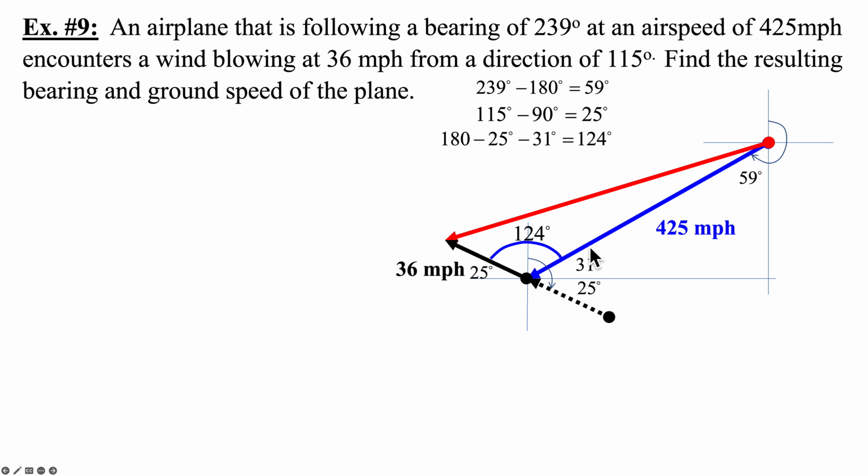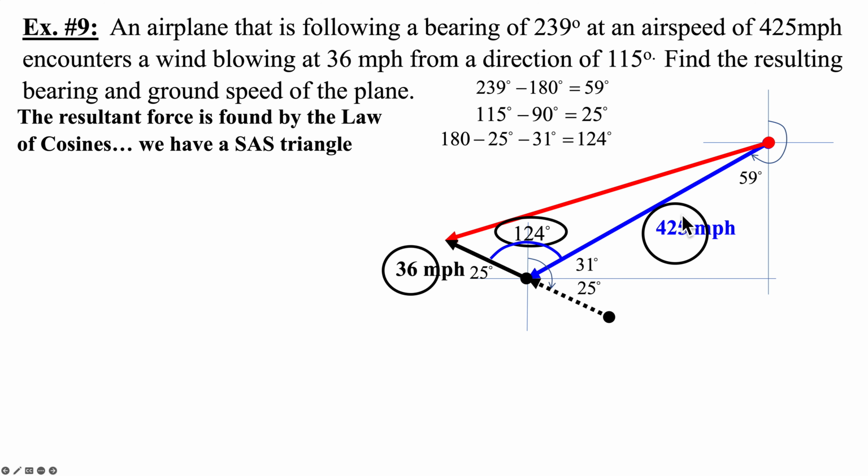By finding that angle between those two vectors, you have a side angle side relationship, so again, we use the law of cosines. I'll call the red vector here my resultant vector c. So c squared equals a squared plus b squared minus 2ab times the cosine of c, which is the 124.